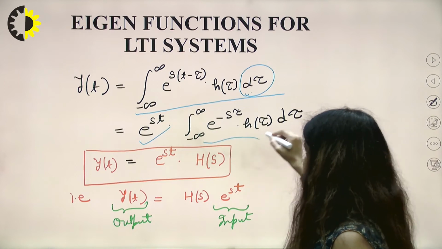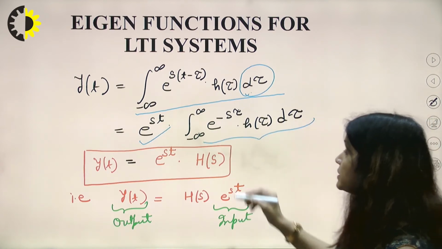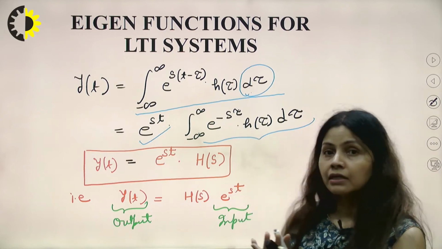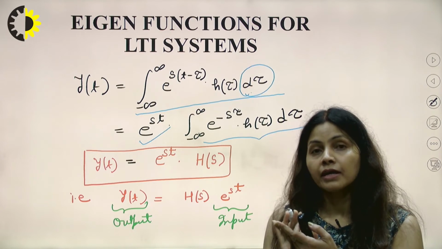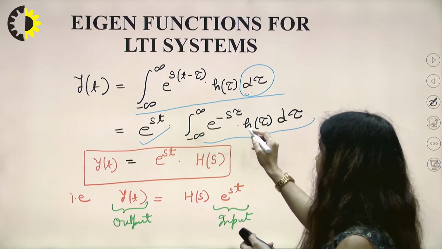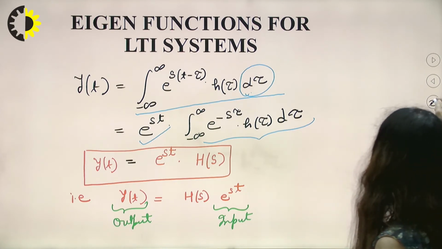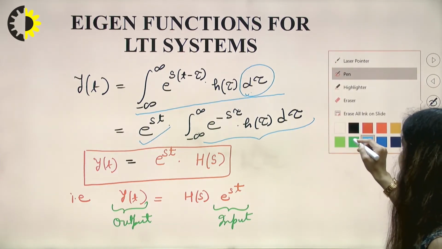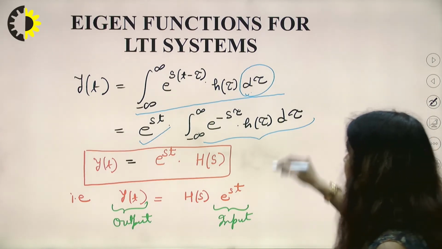Now what is this? Clearly I can say this is nothing but the Laplace transform of h(tau). Why? I tell you. See how I write it.